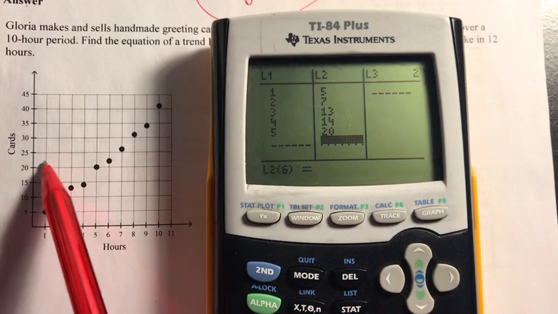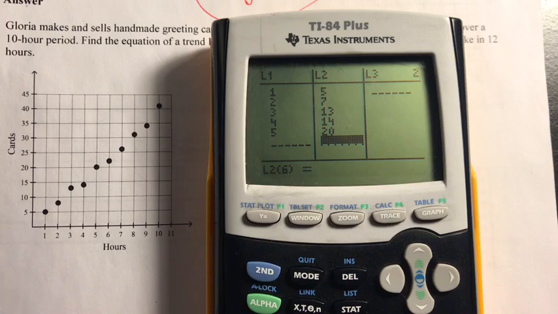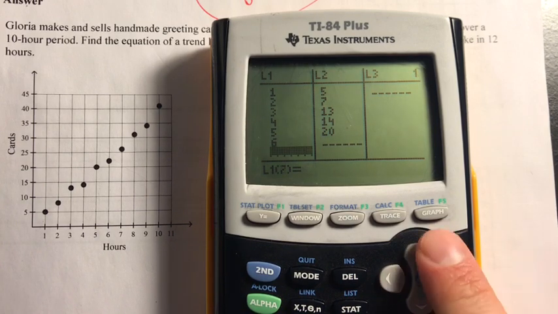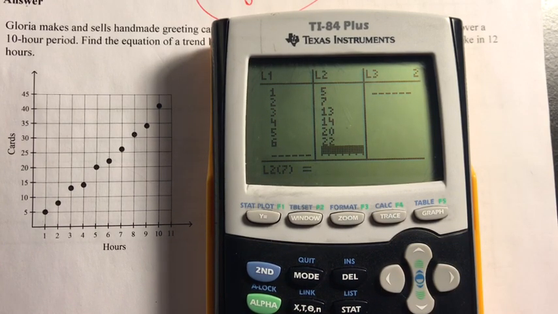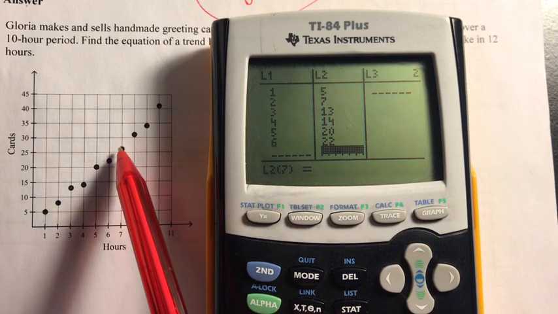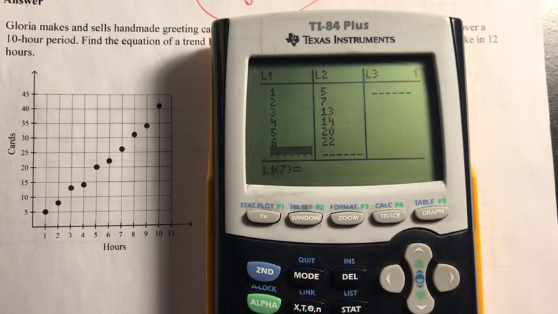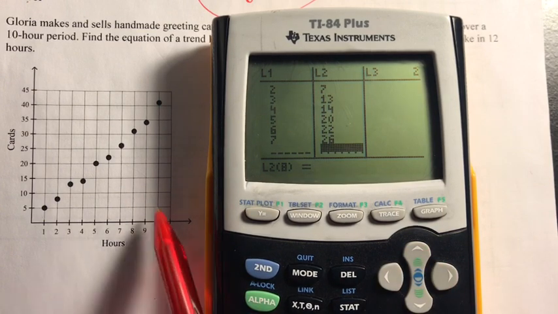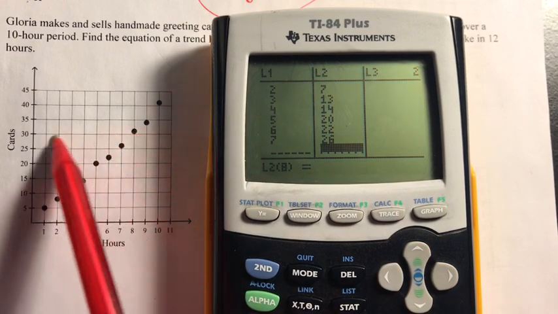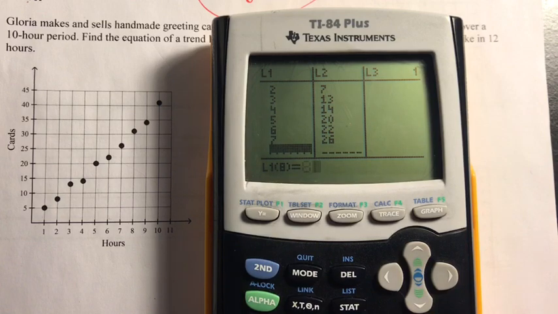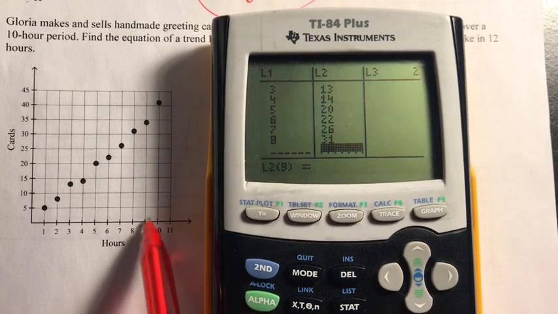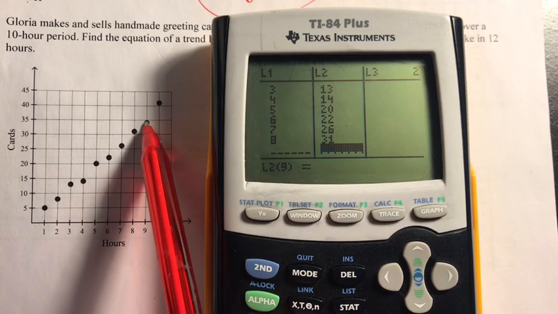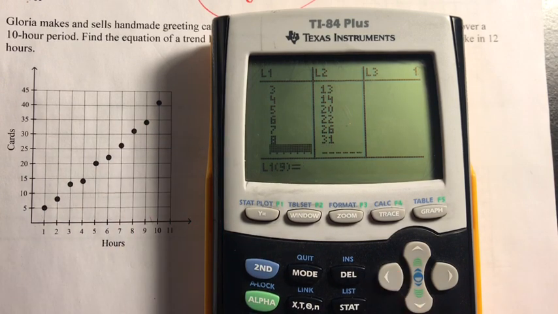What else? 6, 22. 6, enter. 22, enter. 7, 26. 8, 31. 9, 34.